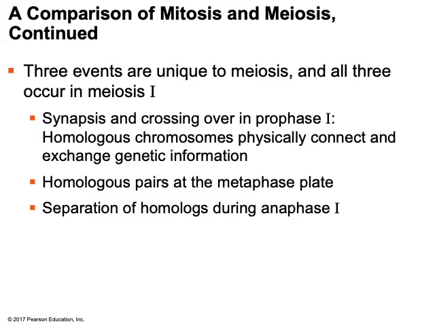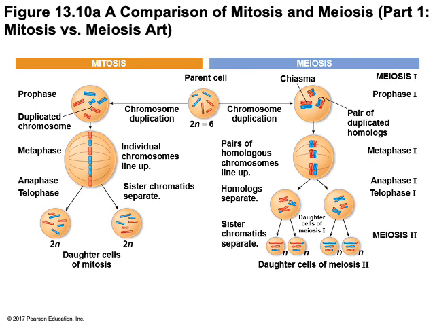So, just as a diagram of this process, we have mitosis on the left, meiosis on the right. And in meiosis 1, we are going to separate the homologous chromosomes.